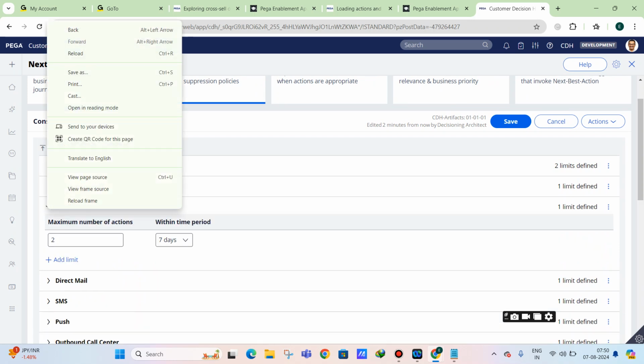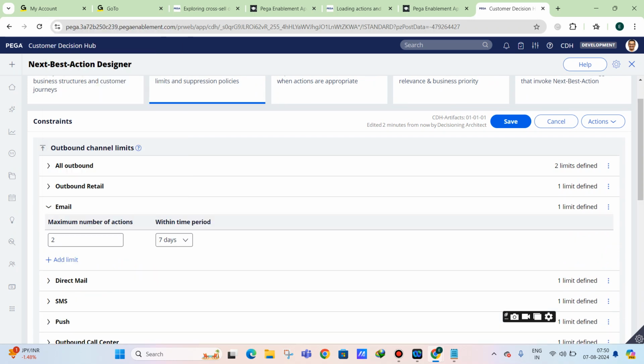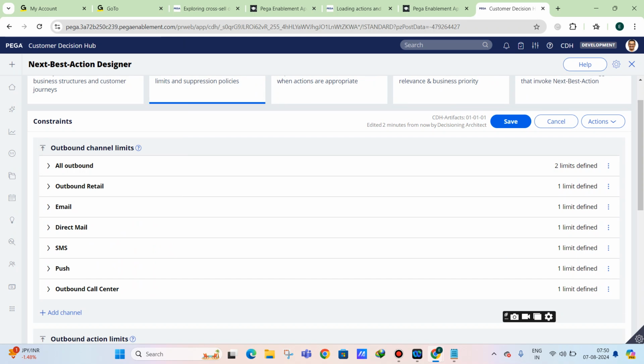If you keep on sending 10 emails per day, he will simply block your contact ID. He'll block the email address, the phone number, everything, and will not even consider your emails and SMS. So that is the reason it is very important to keep an effective contact policy. An effective contact policy needs to be practiced, and that needs to be provided in the contact policy section in the constraints tab.